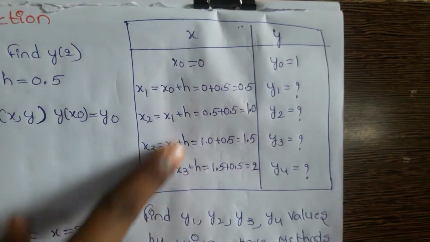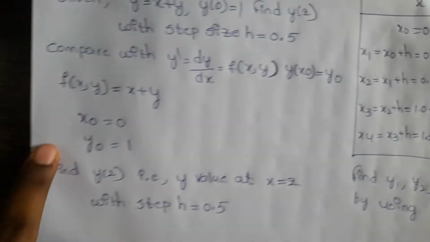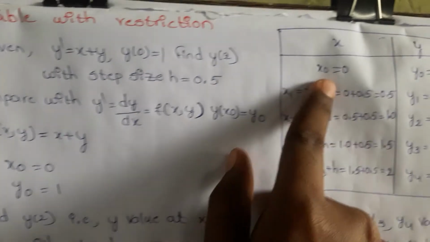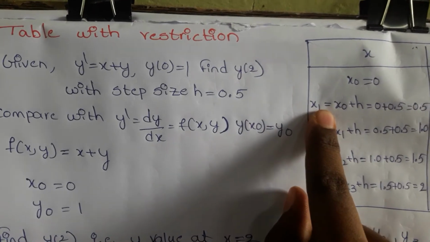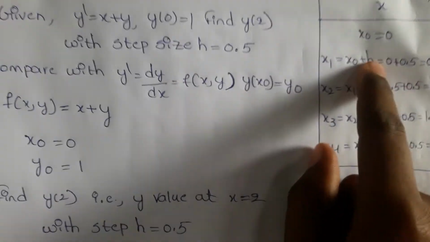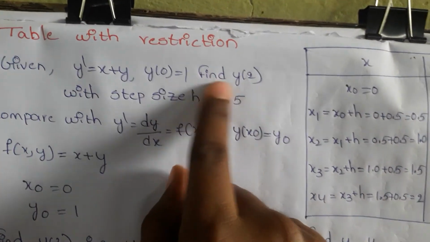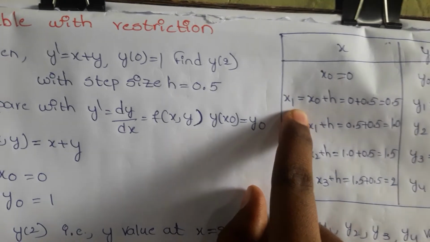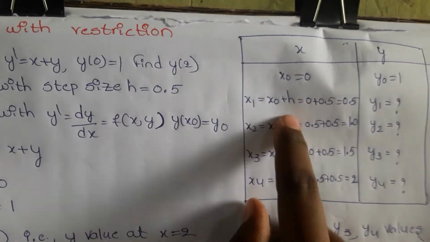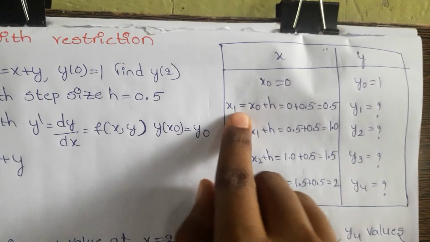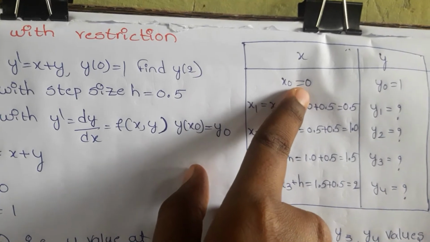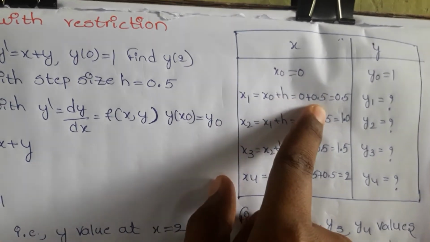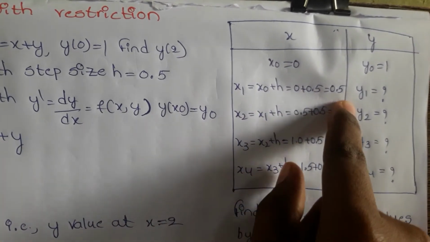In the x column, x0 is 0, the initial value. For x1, earlier in table without restriction we kept x1 directly as whatever they asked in the question, x1 is equals to 2. But here they asked with step size, that's why x1 is the previous x0 plus step size, that means 0 plus 0.5 is equal to 0.5.